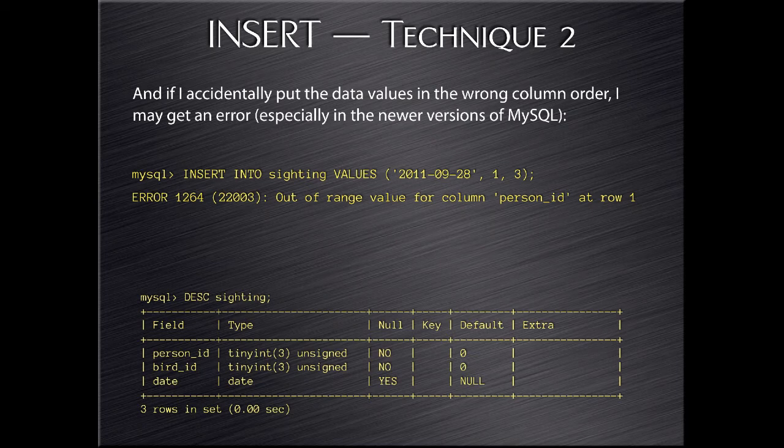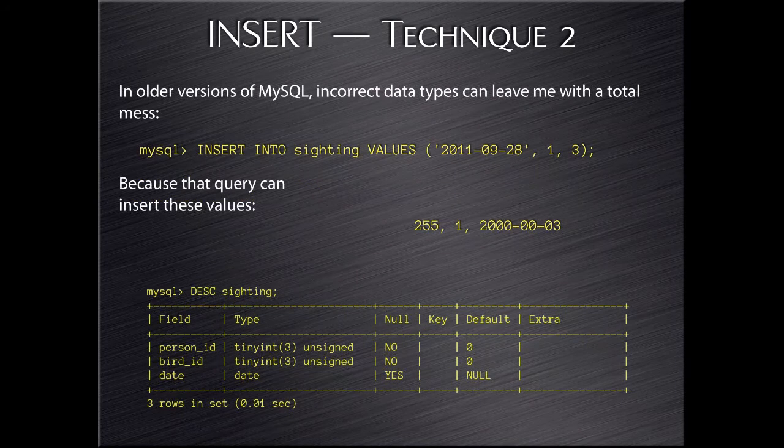And now that's in the new versions of MySQL. In an old version of MySQL, you might get this problem, so I wanted to point this one out to you in case this is something that you might see. In this case, in an older version of MySQL, it takes that string, 2011-09-28, and it tries to jam it into the person ID column as best as it can.